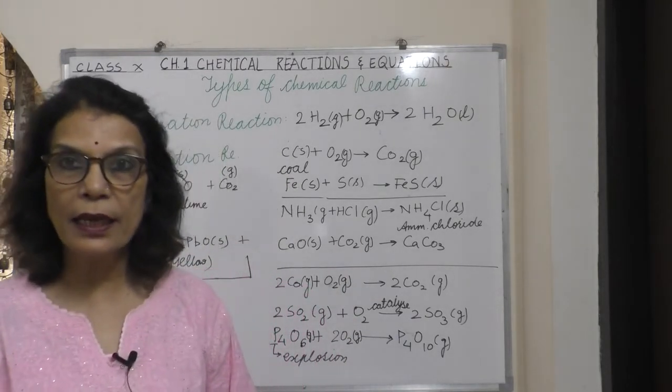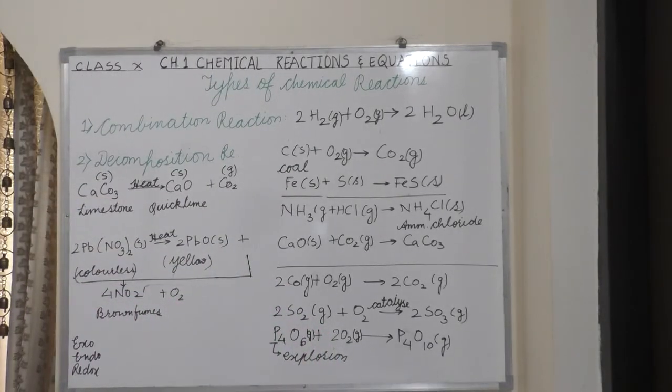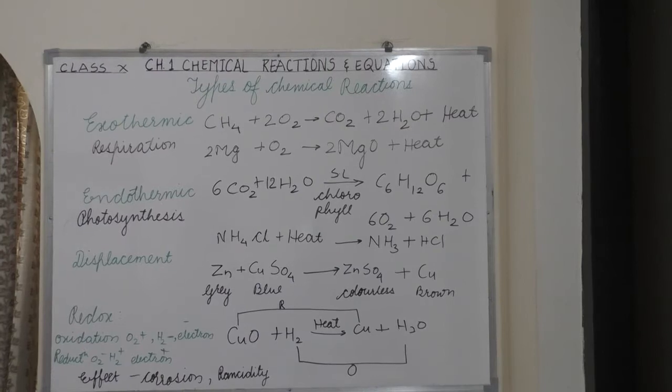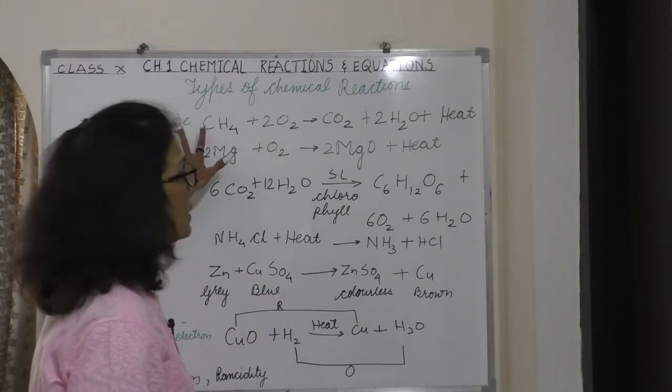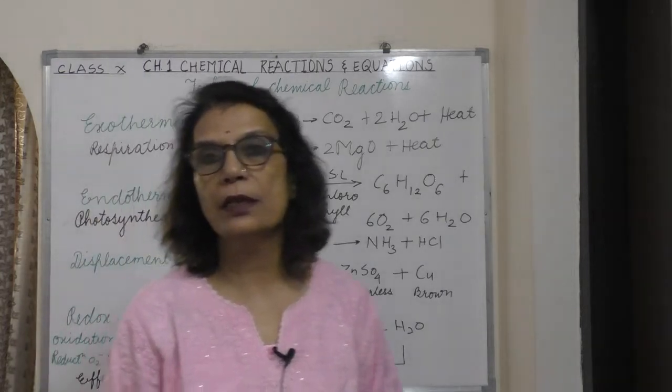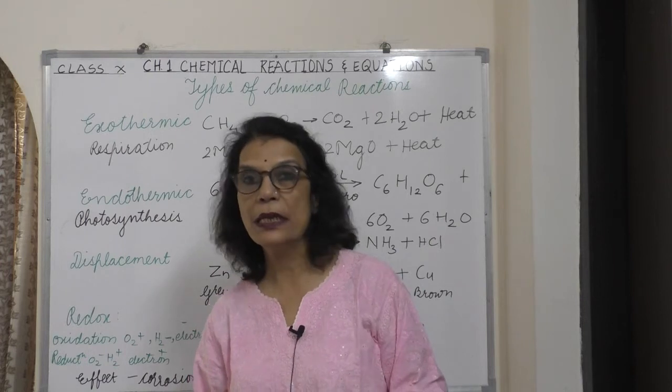So again I am coming to the next topic, that is exothermic reaction. Next I am going to explain exothermic reaction. Exothermic reactions are those reactions in which heat is evolved or heat comes out.